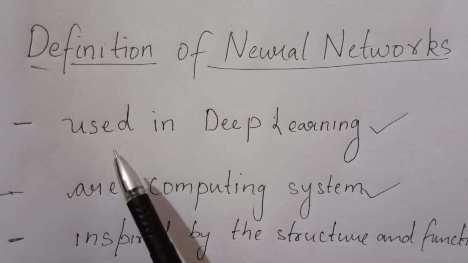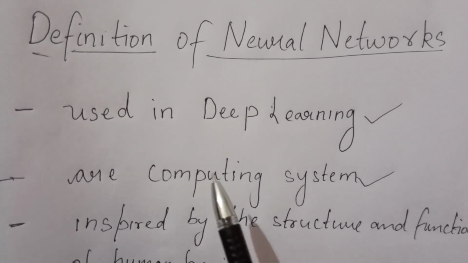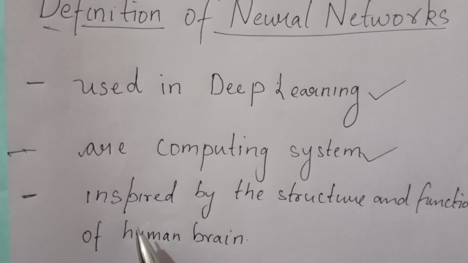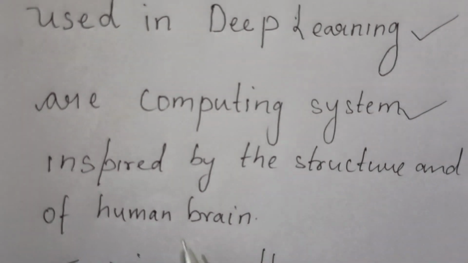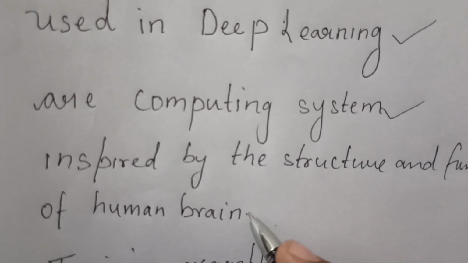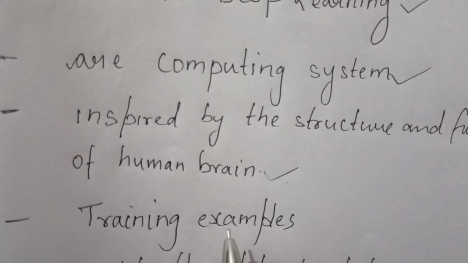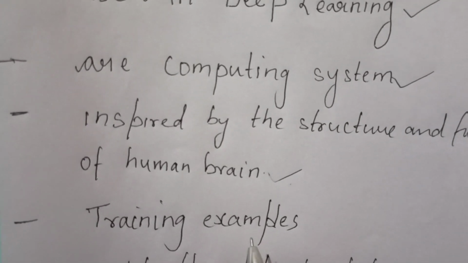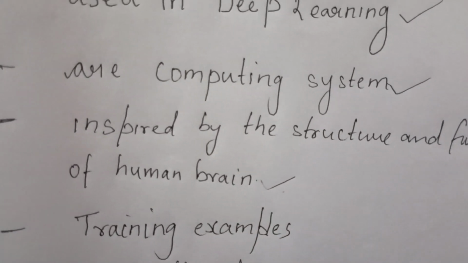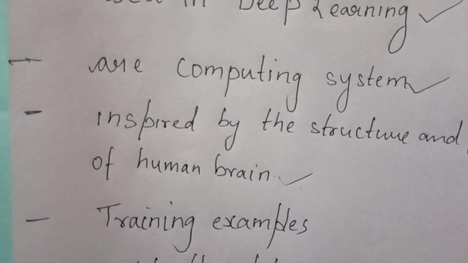So, neural networks used in deep learning are computing systems inspired by the structure and functioning of human brain. Here we use examples to train the model rather than writing the entire code. That is, we don't have to write the entire code.